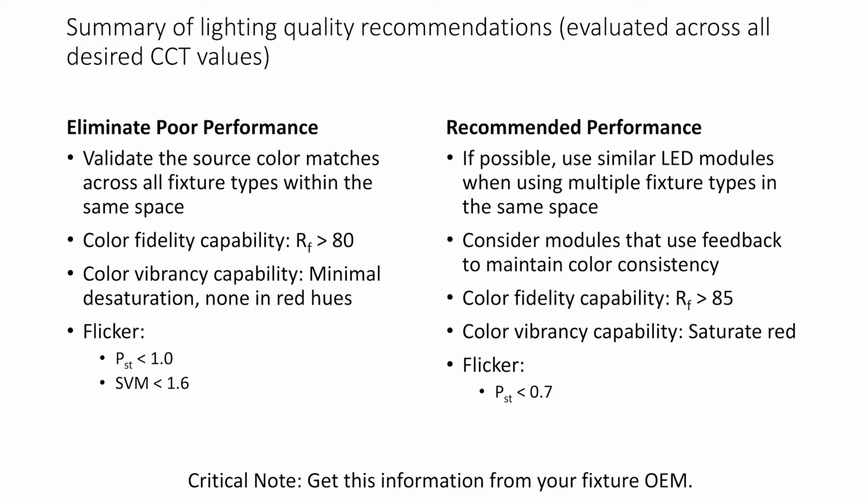You probably want a color fidelity of greater than 85, and in a lot of applications, you want to saturate the red colors. We like red. Red looks better to us. So if the red is overdriven beyond the normal value of 100%, it's going to make things pop. And then you want to have the flicker certainly less than 0.7.